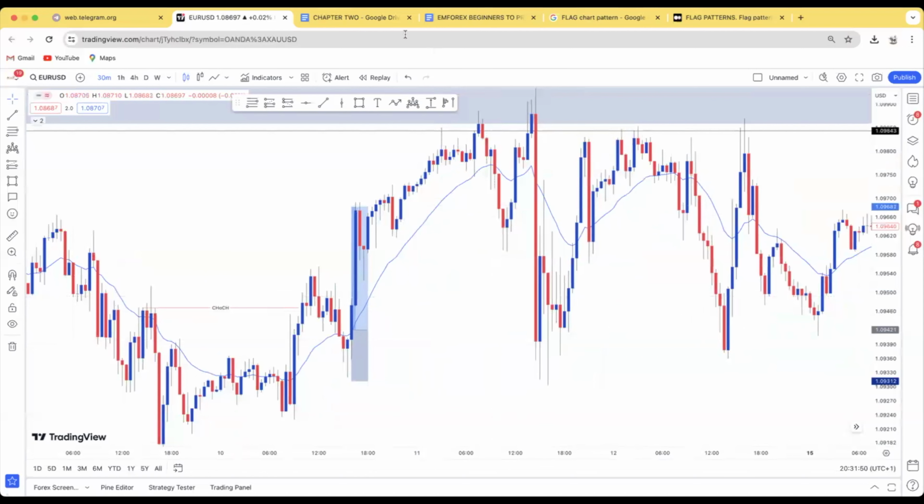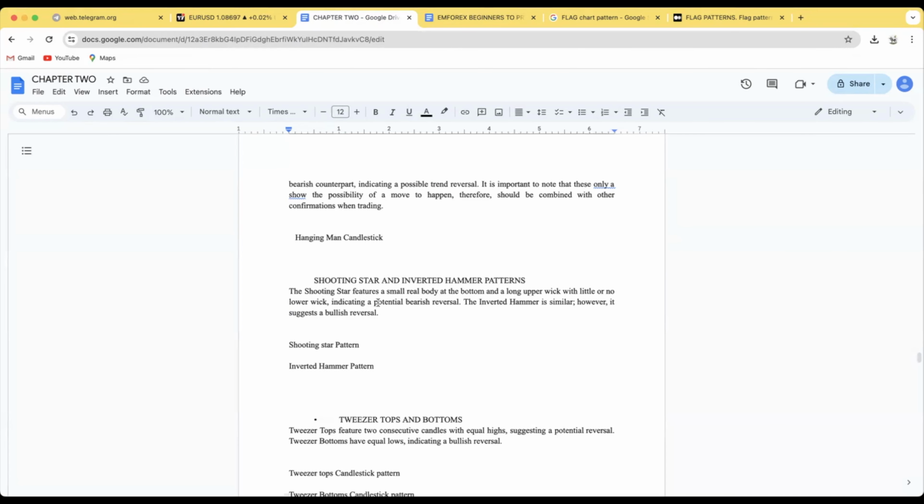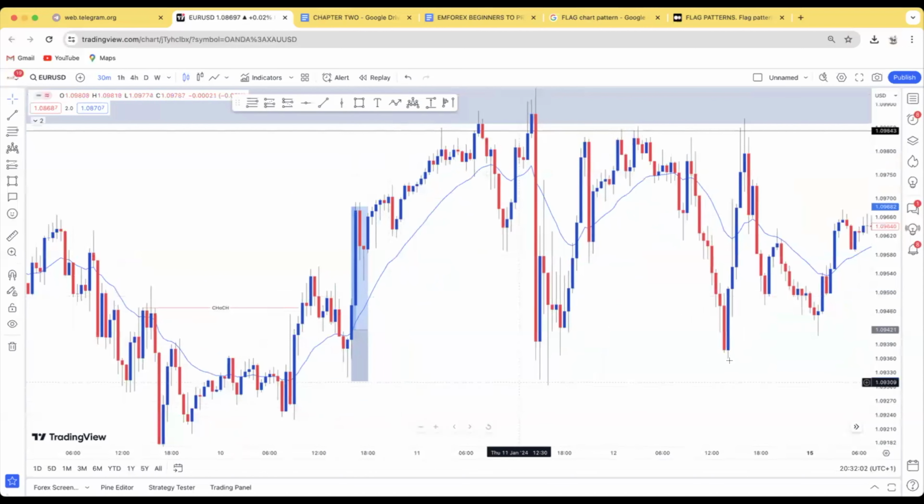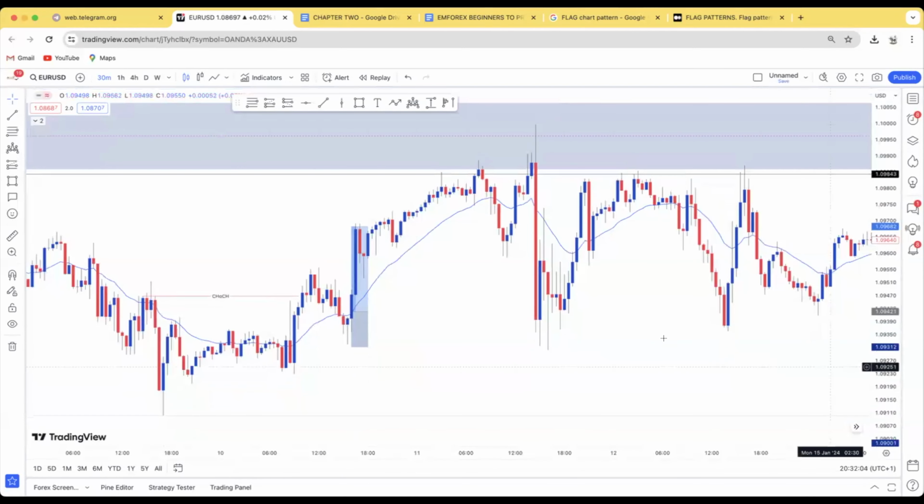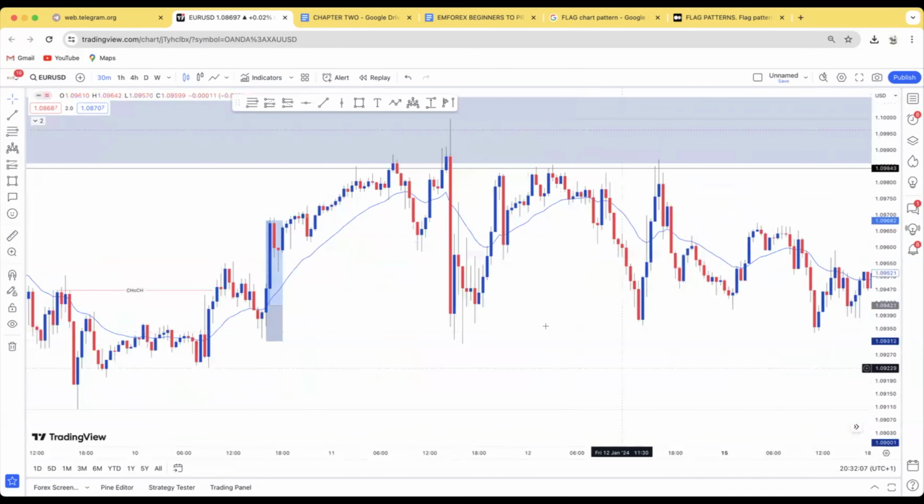So a shooting star is still the same thing as an inverted hammer. Here it says it has a real body at the bottom and a longer upper wick. So we are looking for a candlestick that has a small body at the bottom.